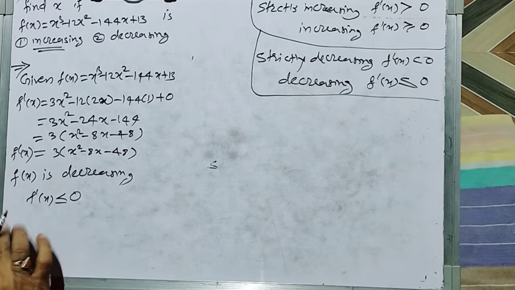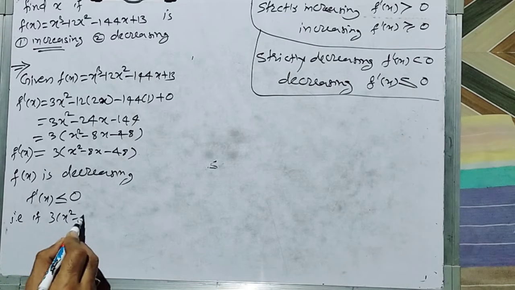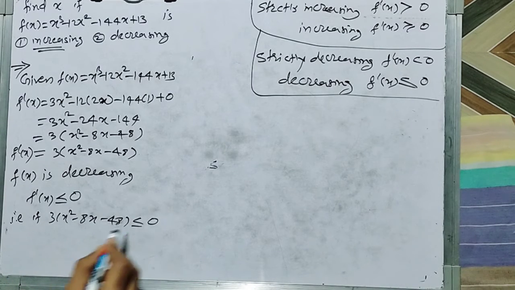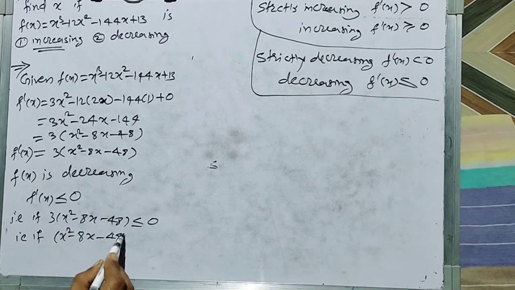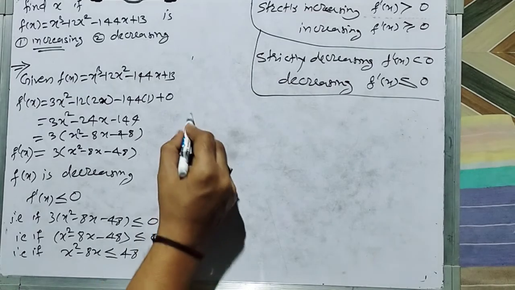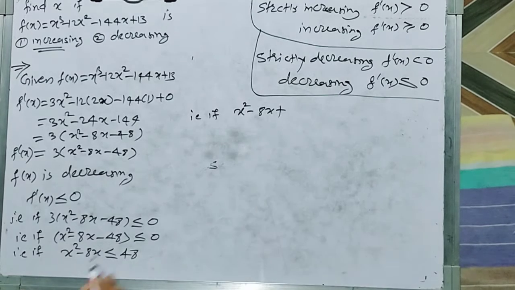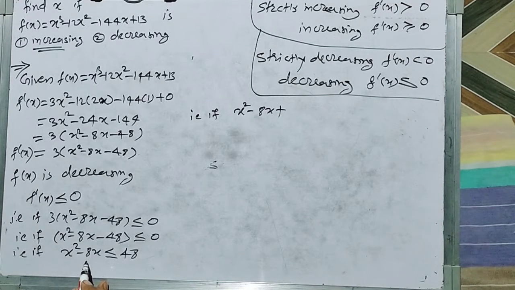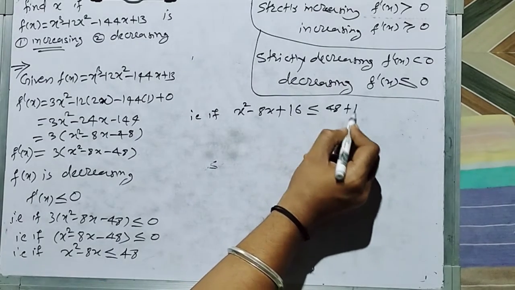So that is, if 3 into x square minus of 8x minus of 48 is less than or equals to 0, that is, if x square minus of 8x minus of 48 is less than or equals to 0, that is, if x square minus of 8x is less than or equals to 48, that is, if, so here x square minus of 8x plus, now here half of coefficient of x, 8 by 2, 4, square of 4 means 16, so plus 16 is less than or equals to 48 plus 16.